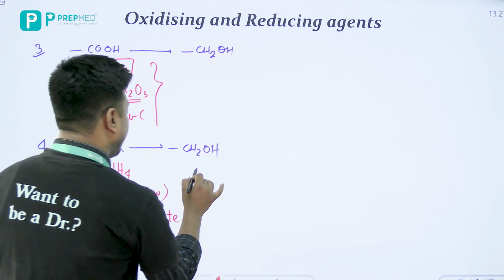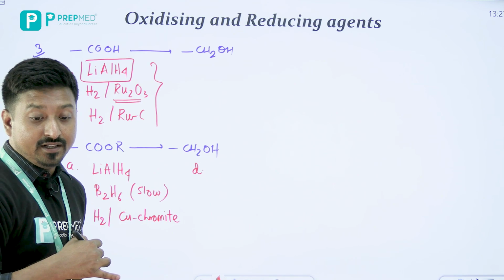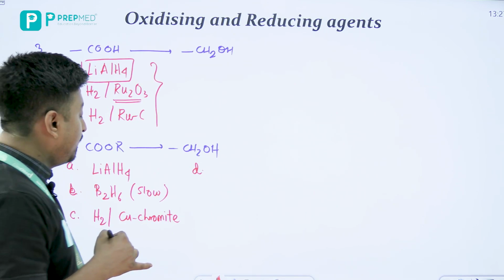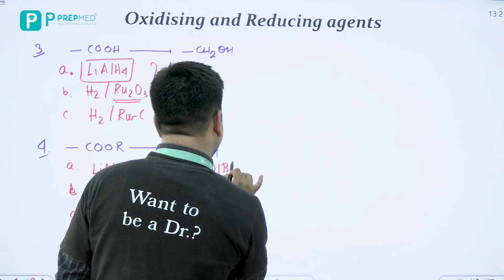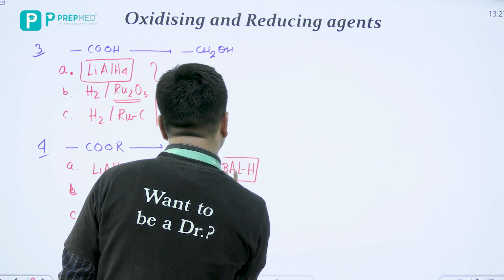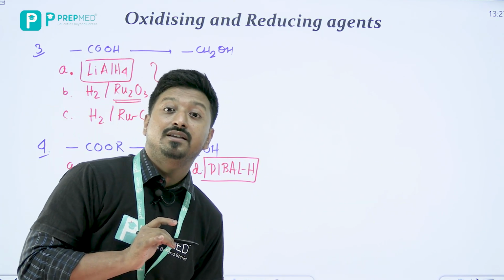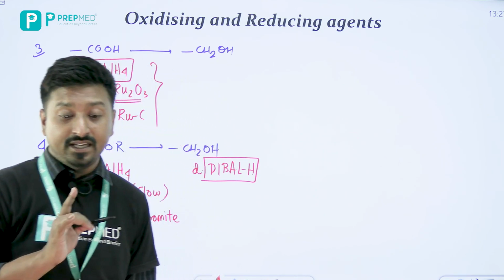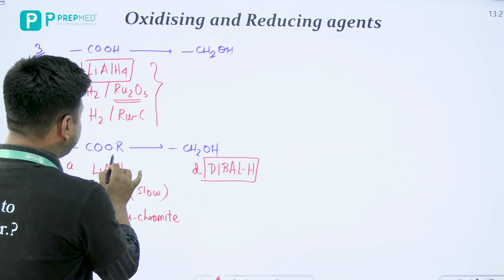Okay, and number D, there is another reagent also which we use, that is DIBAL-H, which is known as diisobutylaluminium hydride. But remember always, this is not a reagent to convert an ester to alcohol.